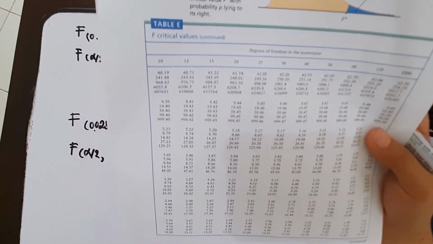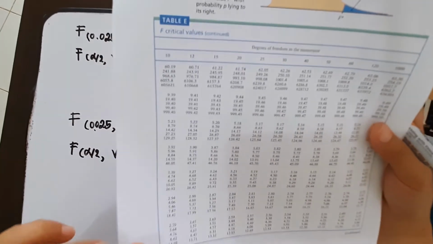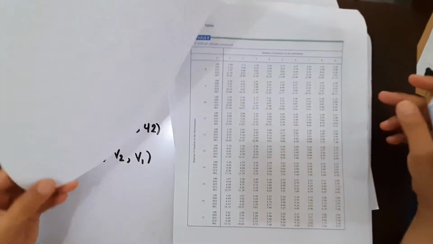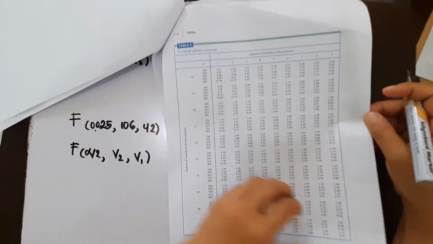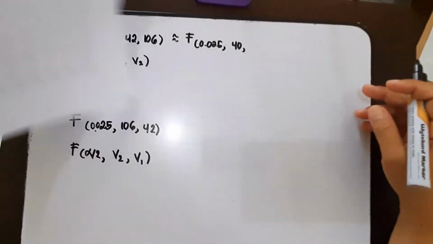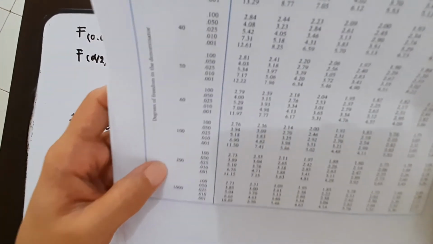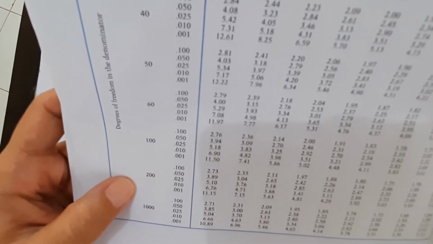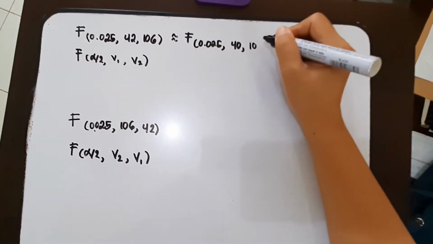And we look for 106 in the denominator. For the denominator, we only have 60, 100, and then the next item is 200. So here we will consider 100 instead of 106.